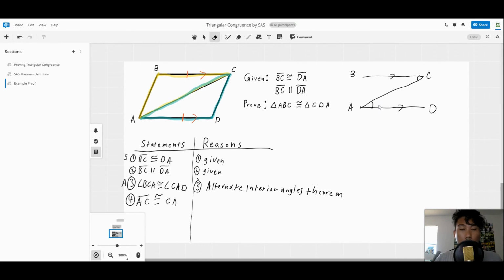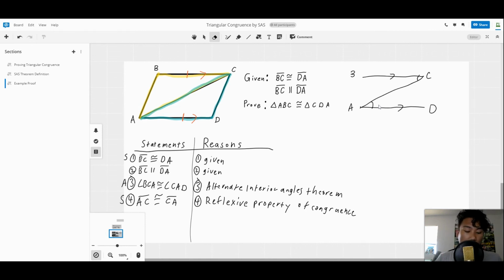Now that is because both triangles share the same side, right? And so for a reason, we would say that they are congruent due to the reflexive property of congruence. And that gives us our final side, right?